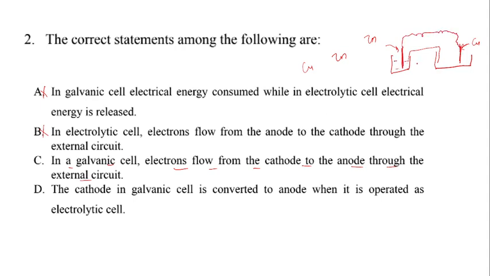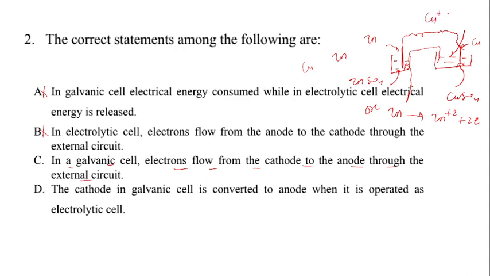Now the electrolyte: this electrolyte is zinc sulfate and this electrolyte is copper sulfate. So what will happen here? Here zinc will convert to Zn plus 2, plus 2 electrons. So this reaction is happening here. It is an oxidation reaction only, whereas at this place, in the copper electrode, you can say copper sulfate.